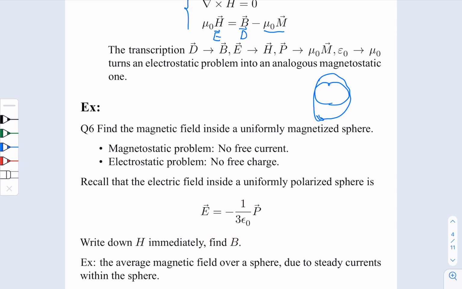So this means that here we use the relation over here. You simply replace the E by H and P by mu naught M, and the epsilon naught by mu naught.